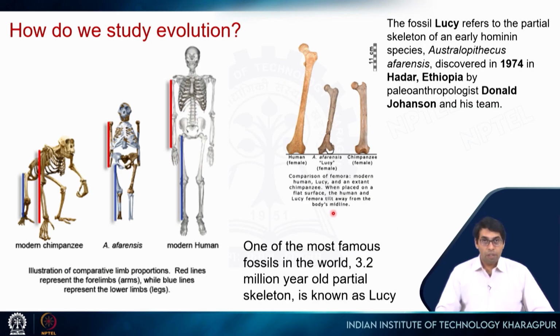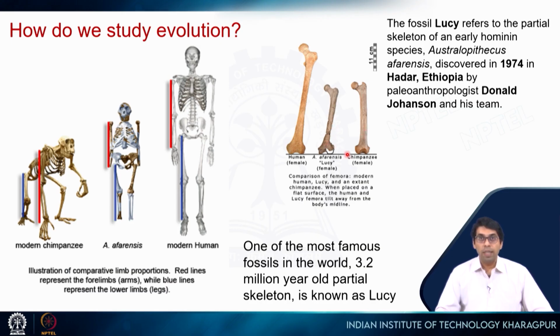We normally study evolution based on fossil records that we get. Now here you see three different bones are shown. These are fossils. This is from a female chimpanzee, this is from a human female, and this is from some other species. If you look at this particular bone, you will see that its length is similar to this.